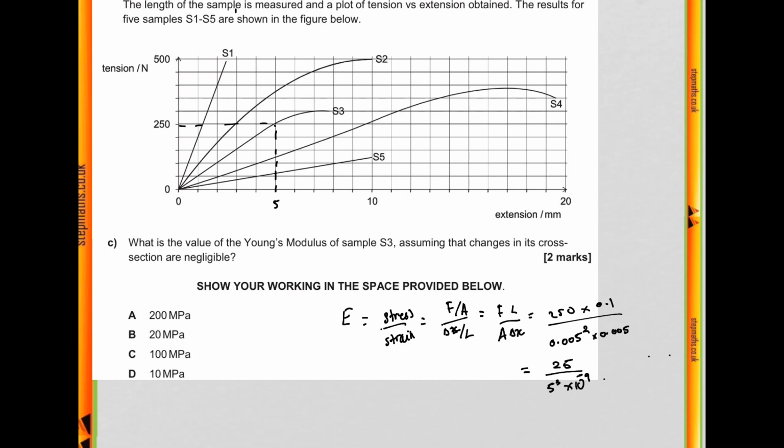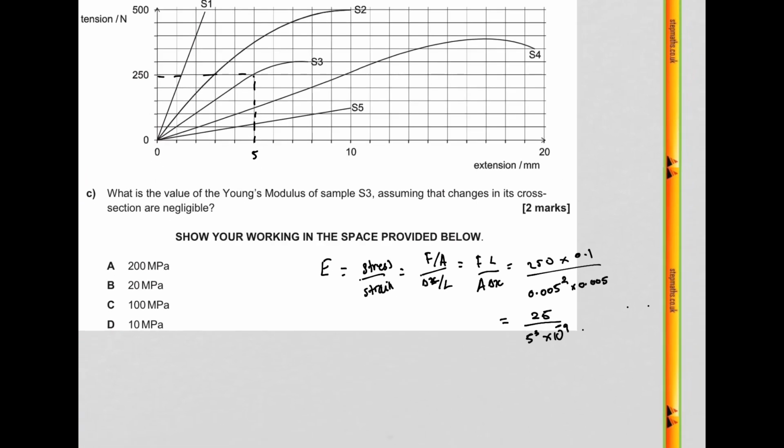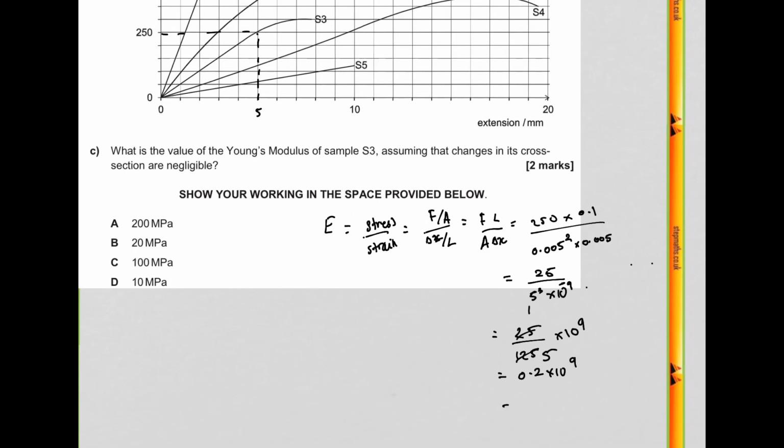So this is equal to 25 divided by 125 times 10 to the 9. Dividing through by 5 gives 1, and this gives 5. So it's going to be 0.2 times 10 to the 9, which is equal to 2 times 10 to the 8. Now this is the same as 200 times 10 to the 6. So the answer is A, 200 megapascals.